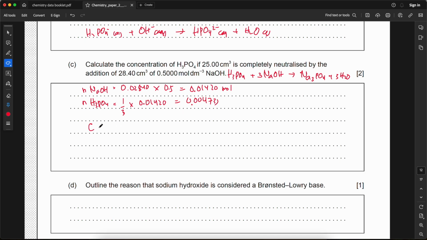Therefore, we can calculate the concentration, which is mole divided by volume, 0.025. Coming from here, then you will get 0.1893 mole per decimeter cube.